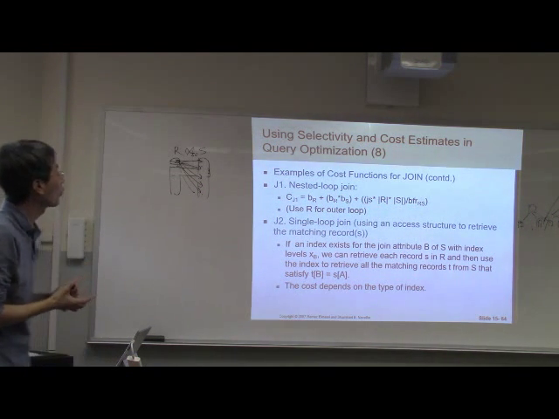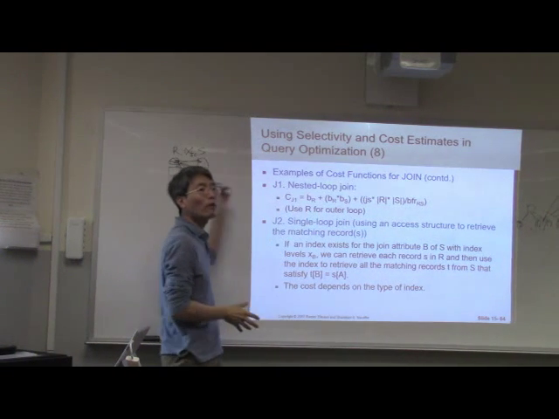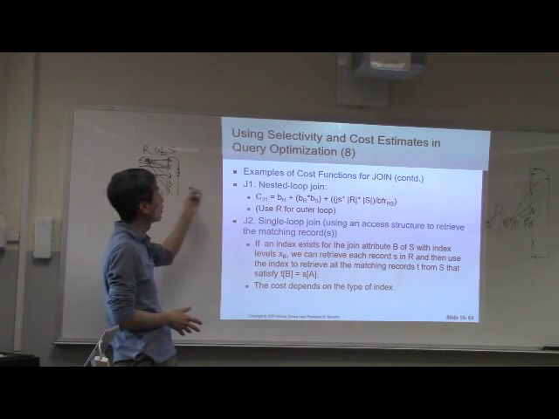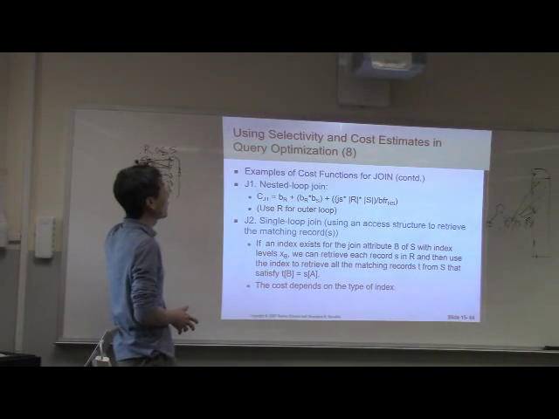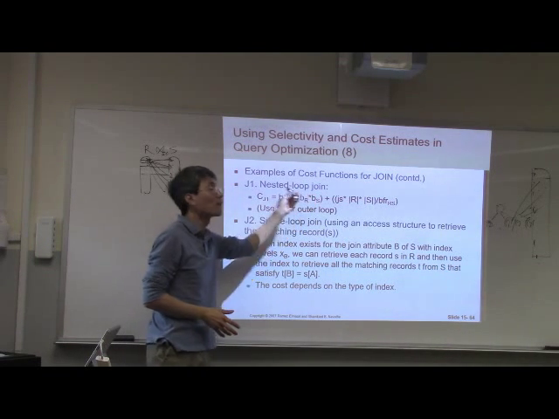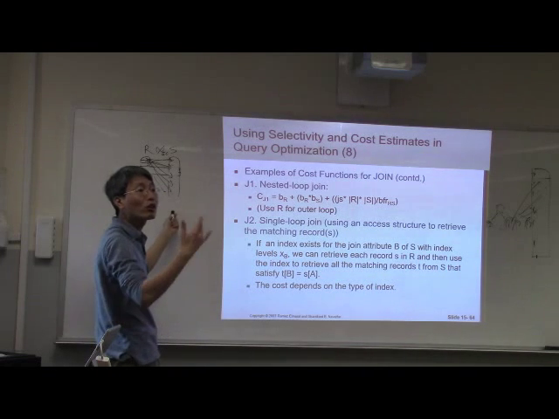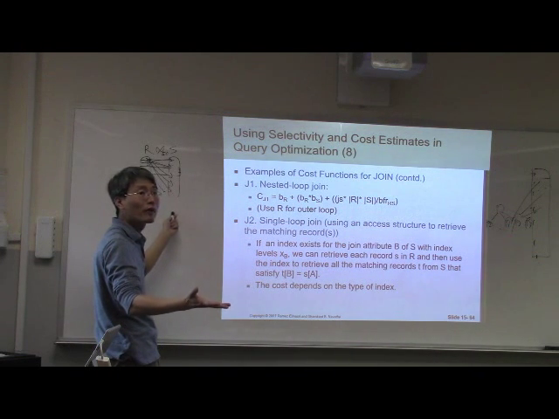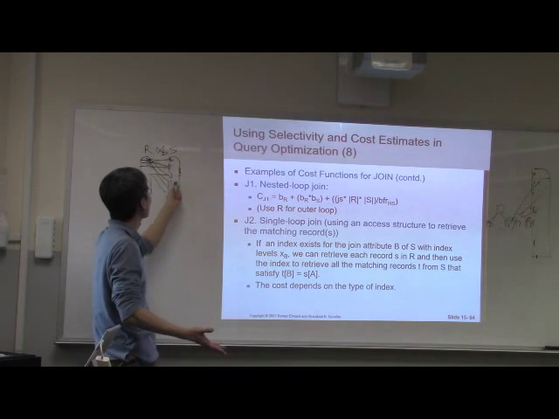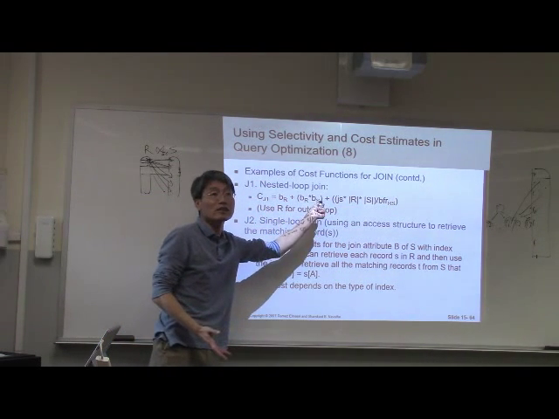For the nested loop join, first we need to read all the blocks of the outer driving table, BR. Then for each of those, you need to read all of the inner table. How many times? BR times BS.